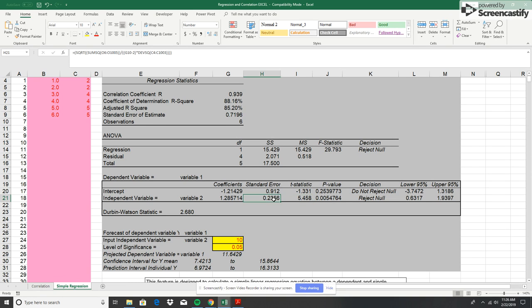So where does the standard error come in? Well, let me just plug into this cell and show you where this T statistic is coming from and how it relates to the standard error. The T statistic comes from B1, that's this number here, divided by the standard error, that's this number here. That is the T statistic. You can see that these numbers match, 5.458, 5.458. So that's how the standard error relates to the test statistic.